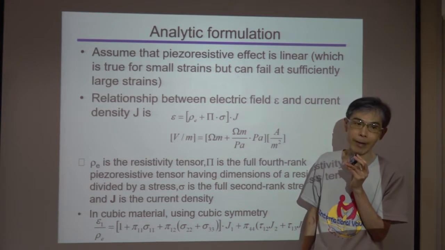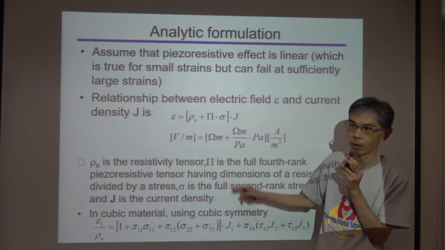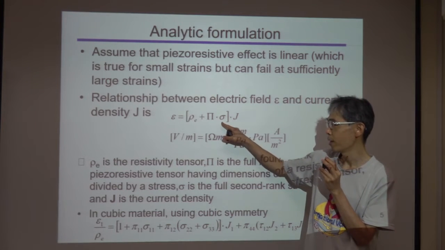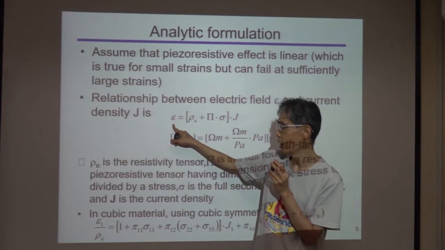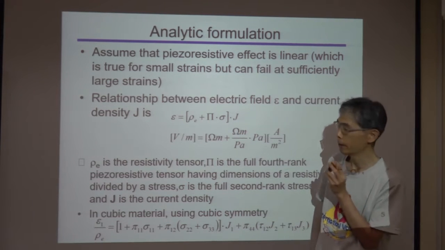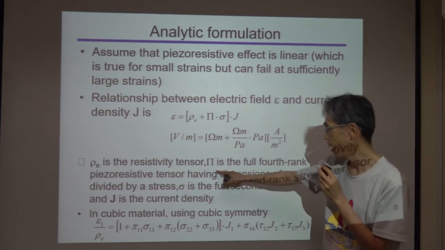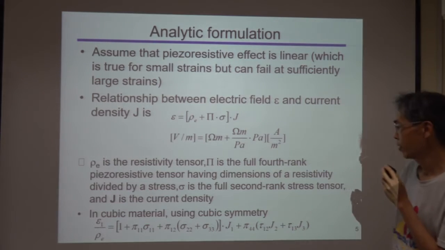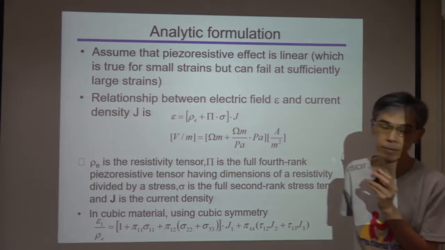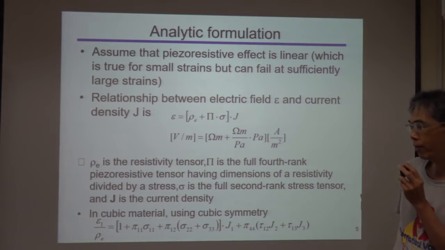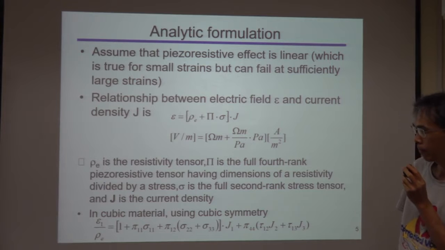For matrices to be multiplied, they have to have dimensions A by B and B by C. The result is A by C dimension. Okay, but here pi is the piezoresistive tensor. Again, a matrix. You can take it as a matrix.